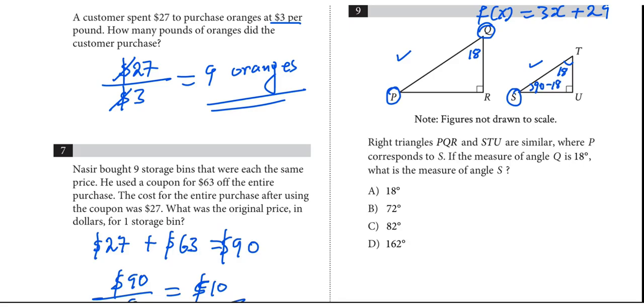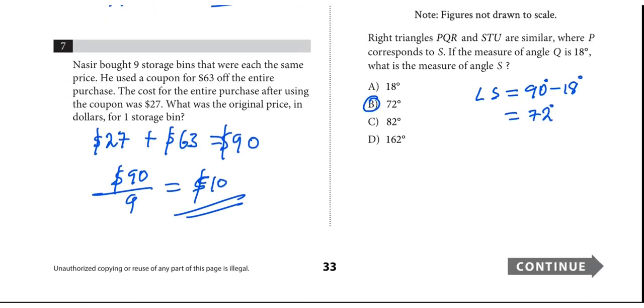So 90 minus 18 would give us 72. So angle S will be equal to 90 minus 18, and this will be equal to 72. So that is the answer to this question in degrees. So B is the right option, and I hope it makes some sense.